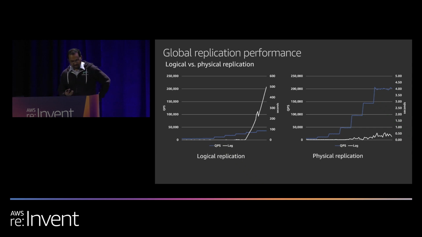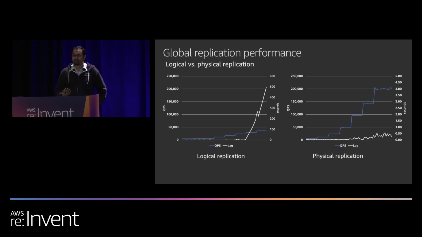So let's look at how it performs. On the left graph, the left scale is queries per second, and the right scale is the lag. The right graph is the physical replication, left is the logical replication. In this particular case, we used MySQL binlog replication, the logical replication. And you can see that once you reach around 30,000 QPS, the lag shoots up.